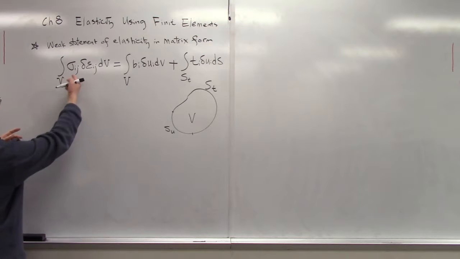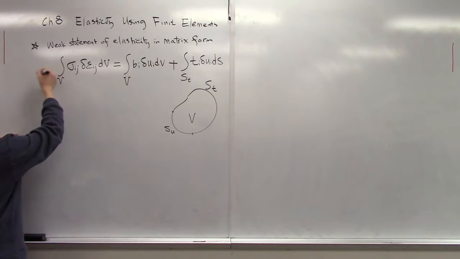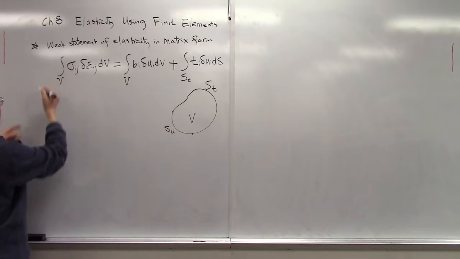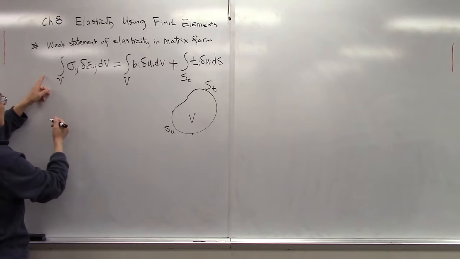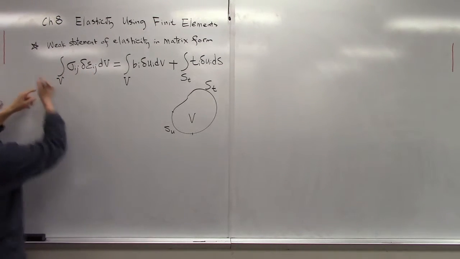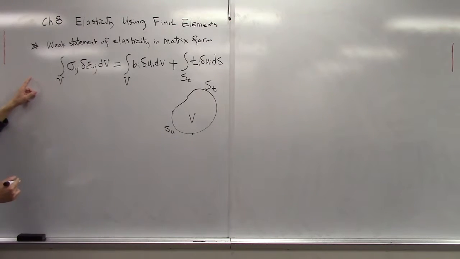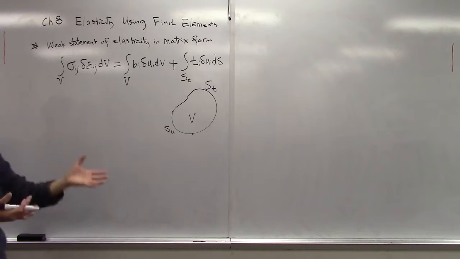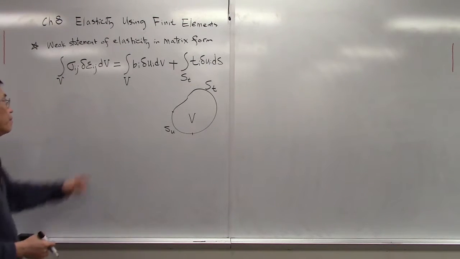So you should understand that with a summation in front that says sum with respect to I from 1 to 3. And then there's also J, another summation sign, sum with respect to J from 1 to 3. Okay, you need to understand that because that is implied in this course.